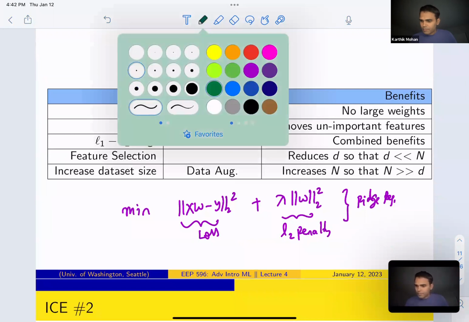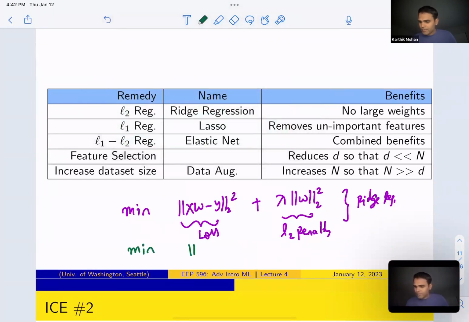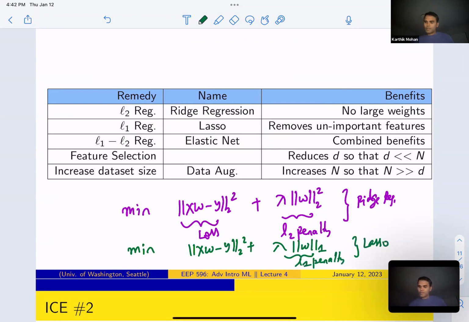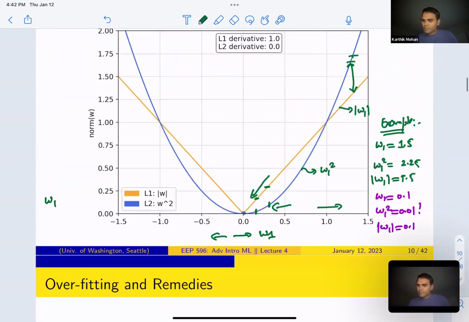If I instead did this, and this is my L1 penalty, I call this lasso. Because I'm trying to drive both of these down, right? I have a trade-off. I want to drive my loss down. I also want to drive my penalty down. And because I want to drive my penalty down, this picture comes into play. Okay.